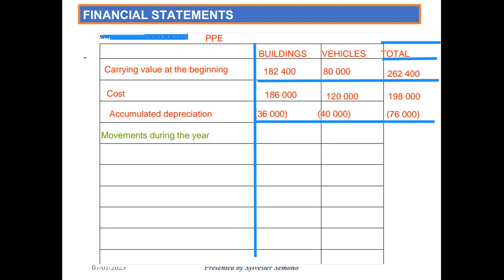Movements during the year means we check for any assets which were sold during the year or any asset that has been bought during the year. So let's start with additions. I think additions is the one that we normally start with. Additions at cost.